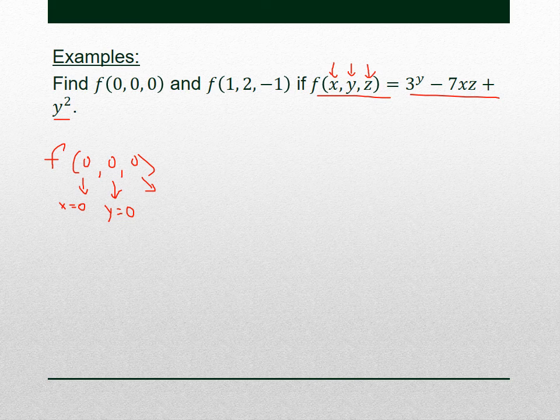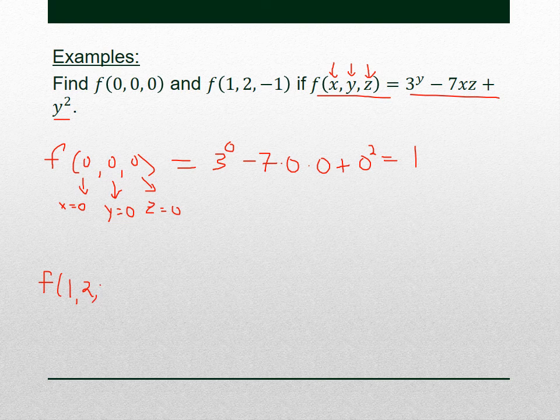And the third 0 is what z is, and so z is also 0. So let's plug in 0 for x, y, and z. We get 3 to the 0 for y minus 7 times 0 for x times 0 for z plus 0 for the y squared, and that's 3 to the 0 minus 0 plus 0, which is just 1. So there's our output there.